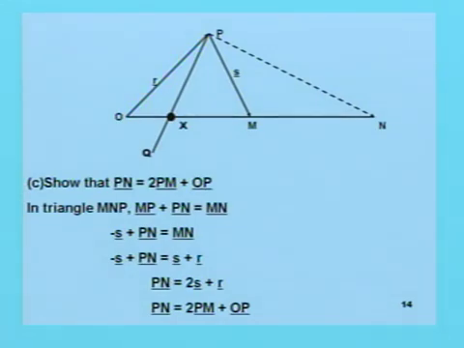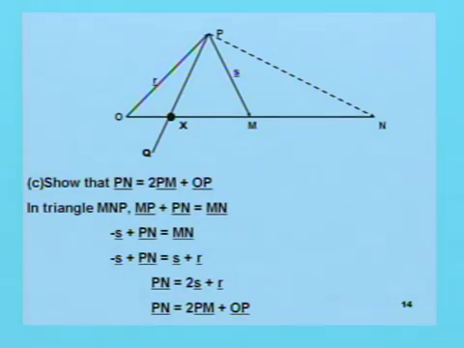Substituting for vector MP, we have minus s, because MP is the reverse of PM. So we have minus s plus PN is equal to vector MN. Minus vector s plus vector PN is equal to vector s plus vector r.